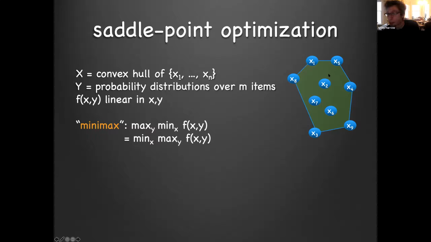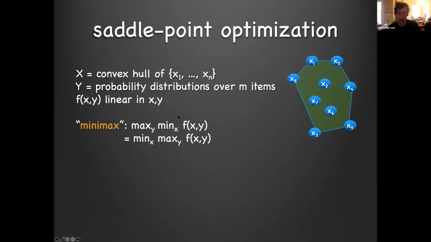That convex hull just means the smallest convex set containing them. And Y, my space of models, I'm going to make that convex as well. If you're familiar with boosting, that's a little bit like what happens in boosting, where you're allowed to output not just a model, but some convex mixture of models. And my objective function, f, I want to be linear in x and y.